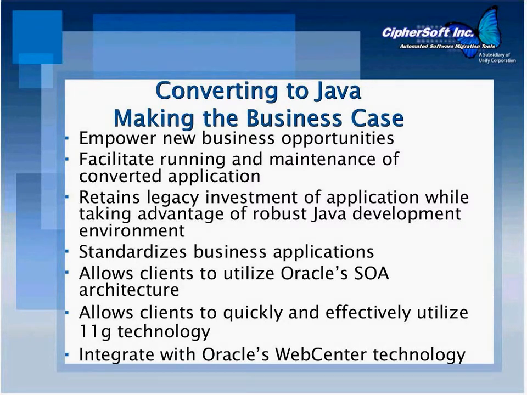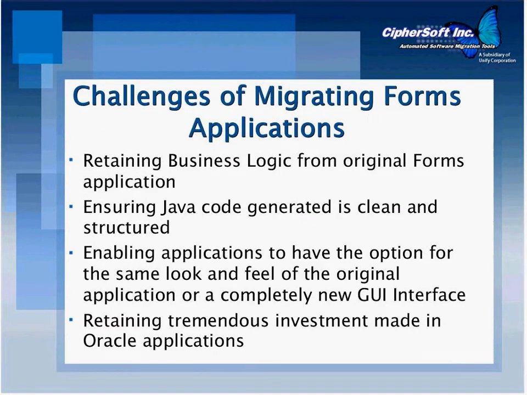But once you've done that, you really are opened up to a lot of choices as you get into Java. You're able to standardize your business applications, take advantage of SOA and some of the other technology that's available. And as I said earlier, integrate with Oracle's Web Center technology to take advantage of the new environment as you go into 11g.